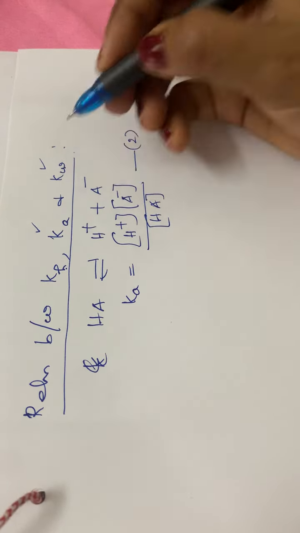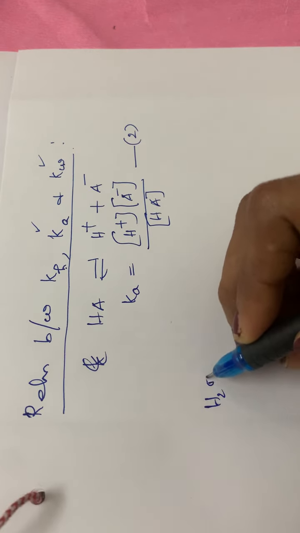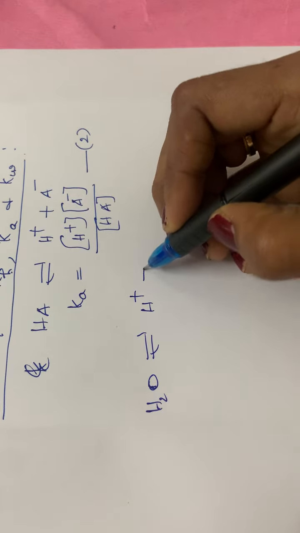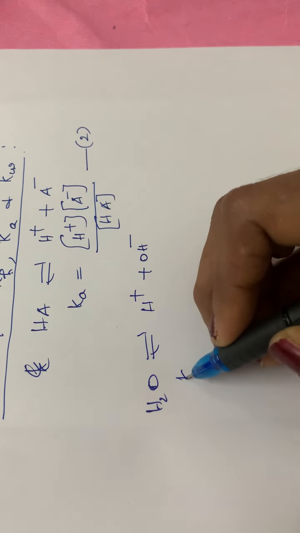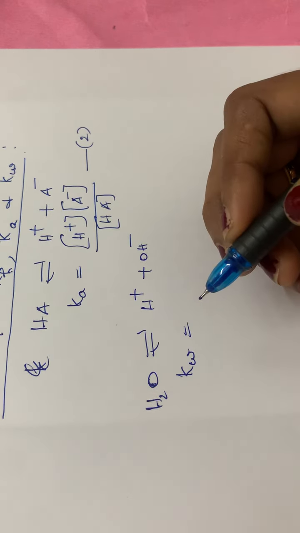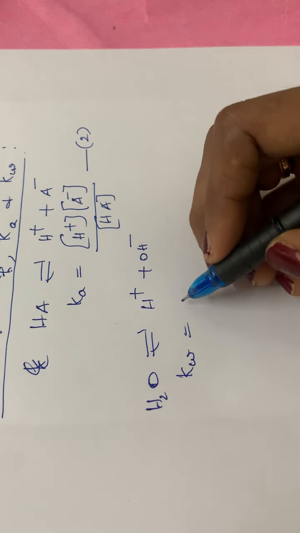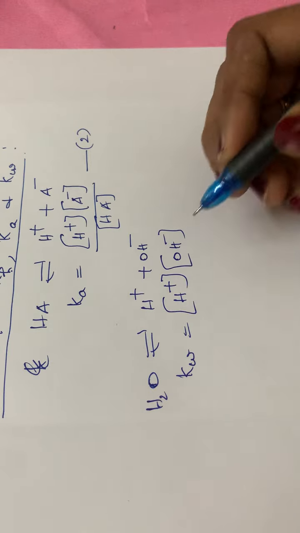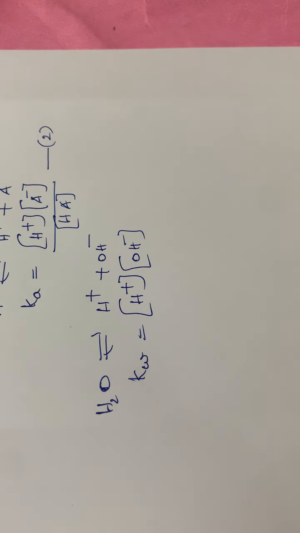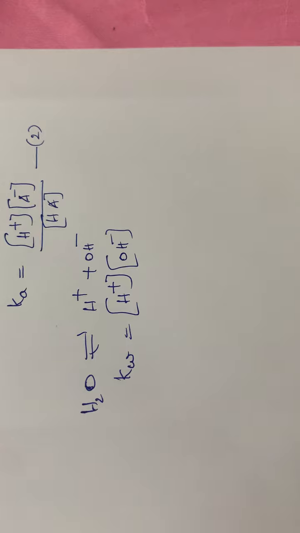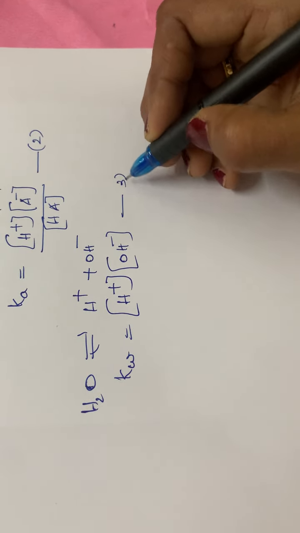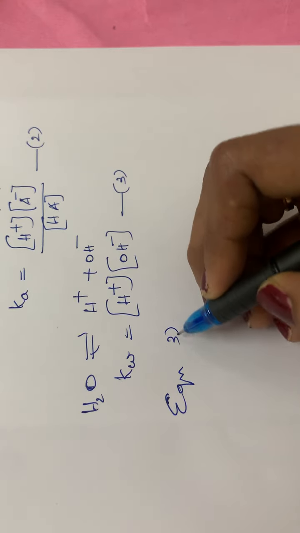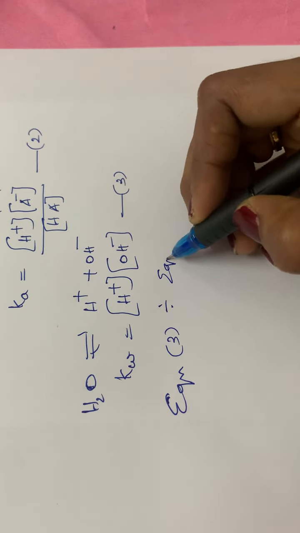Then we have to find out Kw. For Kw, we write the equilibrium of water. Water ionizes as H plus and OH minus. So Kw is equal to the concentration of H plus into the concentration of OH minus. Put it as equation number 3. Then again equation 3 divided by equation 2, as in the previous case.